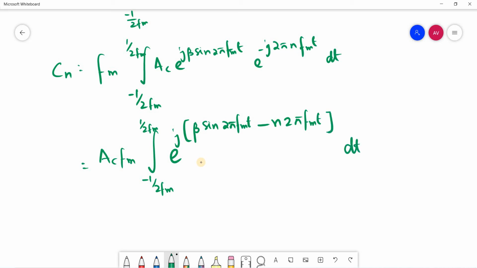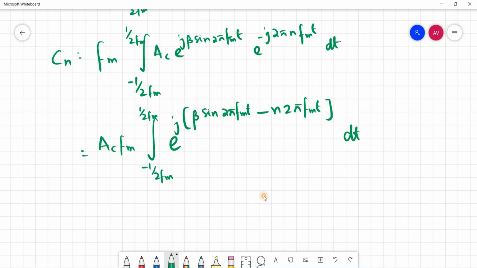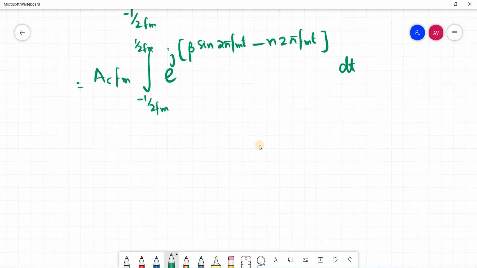So we have AC times Fm integral minus 1 by 2 Fm to plus 1 by 2 Fm of e power j beta sine 2 pi Fm t minus n 2 pi Fm t, dt. This is actually Cn, that is, the nth Fourier series coefficient, right?